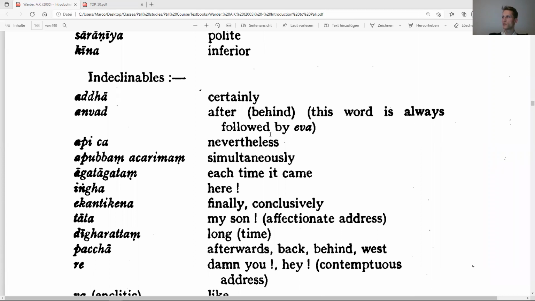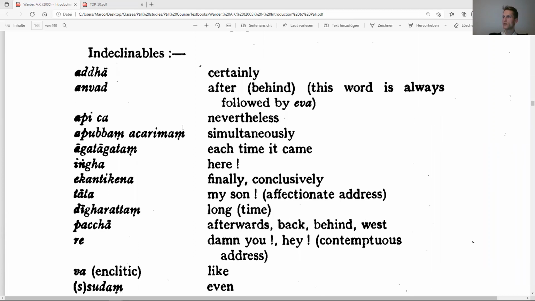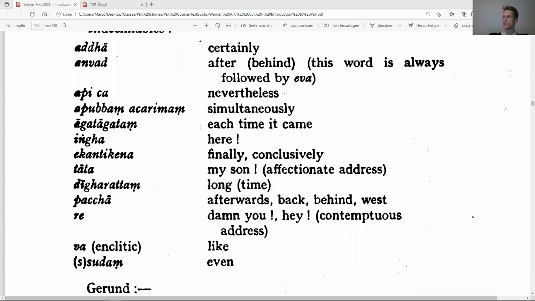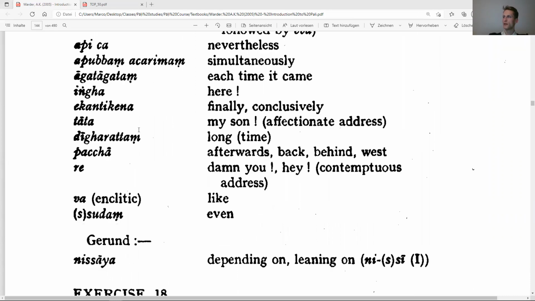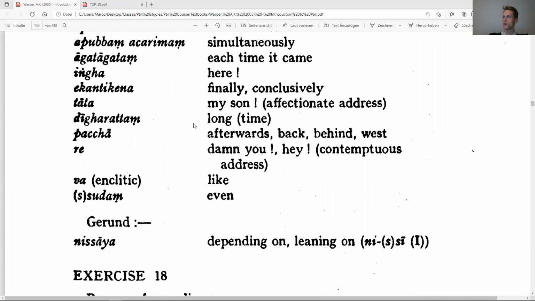This word is always followed by eva. Api ca, nevertheless. Apubbam acarimam, simultaneously. Ayam, each time it came. Idha, here. Ekantikena, finally, conclusively. Tata, my son. Dighattham, long time.